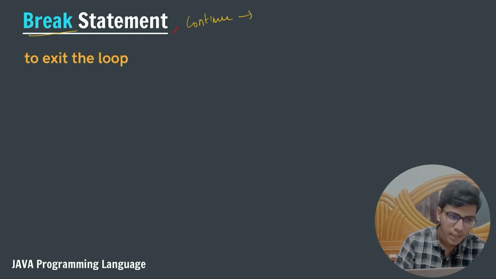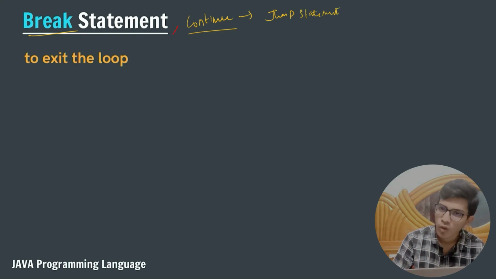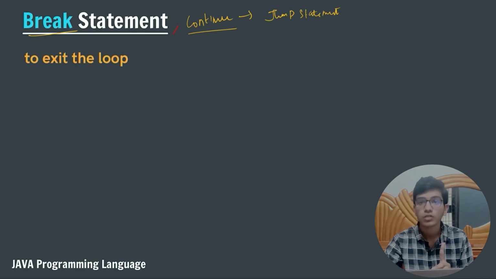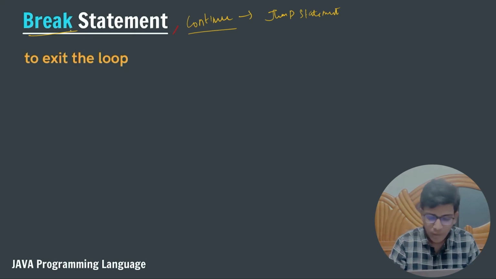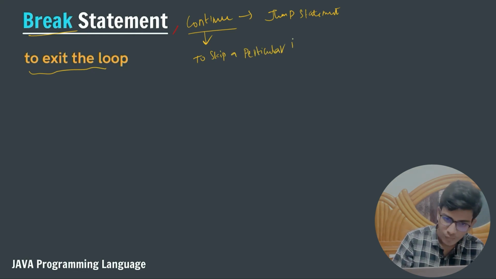If you want to skip a particular iteration, or if a particular condition is true and you want to get out of the loop, to do that we'll use the break statement. So the break statement is used to exit the loop, and the continue statement is used to skip a particular iteration.